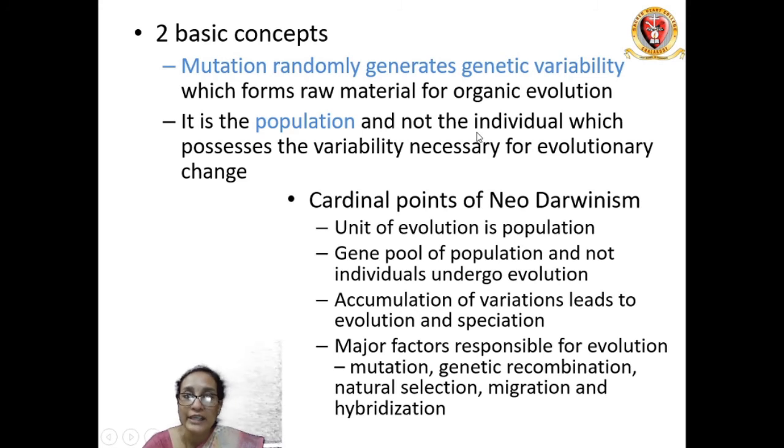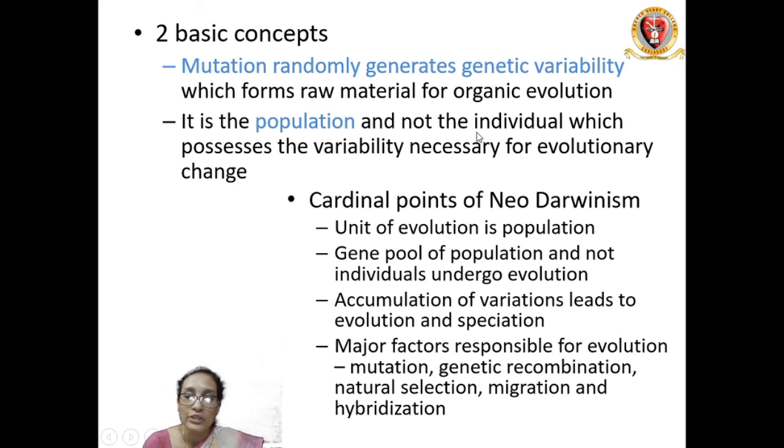So it is not the individual who possesses the variability, but the entire population. So according to neo-Darwinists, the unit of evolution is not the individual, but the population, and the gene pool of the population undergoes evolution and not just one individual organism. Such variations over a period of time lead to evolution and speciation.